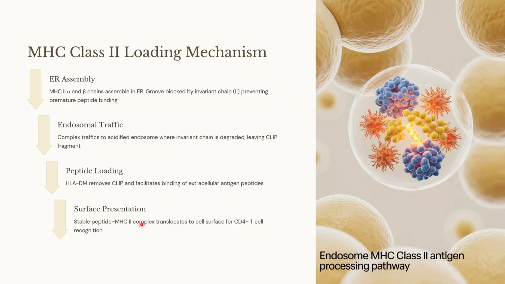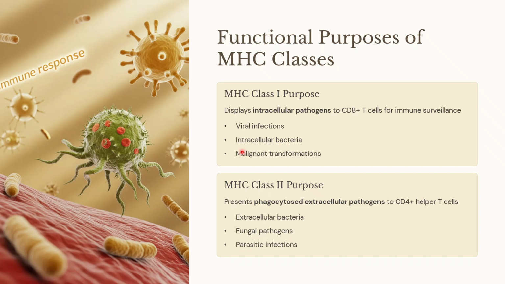MHC class 2 is attracting the CD4 plus T cell recognition. So once it goes to the cell surface, it is recognized by the CD4 or the helper T cells. So this is how antigen is loaded in the MHC class 1 and 2. MHC class 1 is present on all nucleated cells.